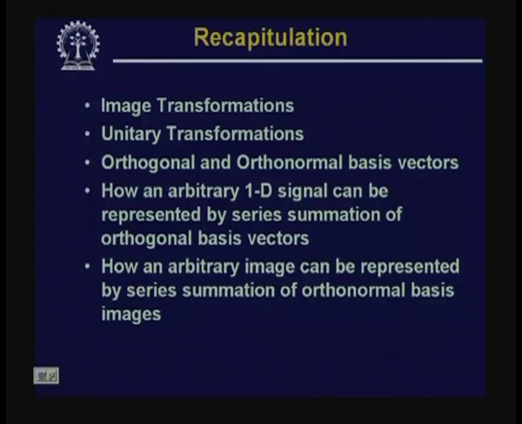So, let us see what we have done in our last lecture. In our introductory lecture on image transformations, we have said the basics of image transformation. We have seen what is meant by a unitary transform. We have also seen what is orthogonal and orthonormal basis vectors.